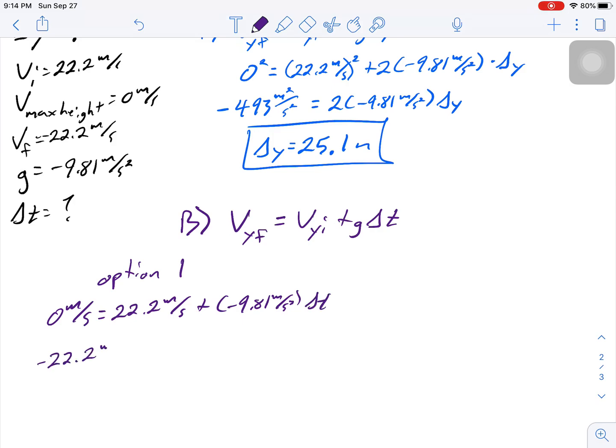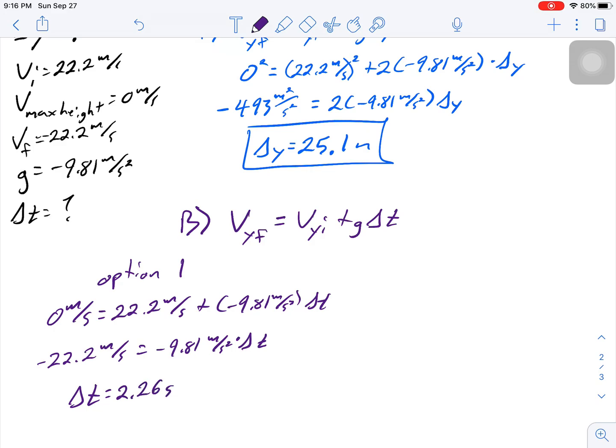So we subtract over, and again we're dividing by g to solve for delta t. By doing this, we get an answer of 2.26 seconds.